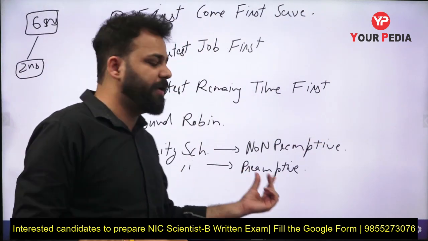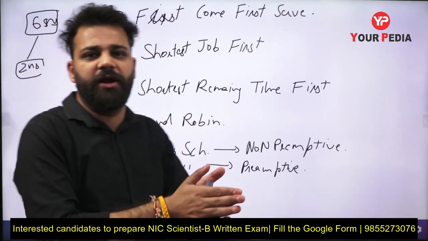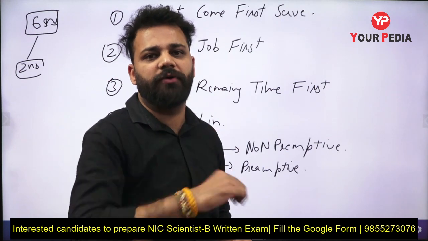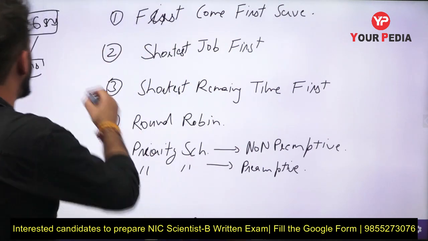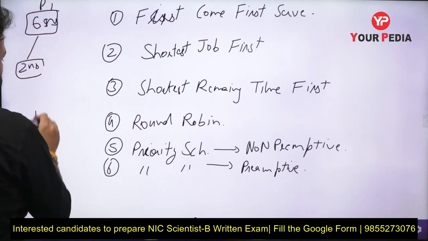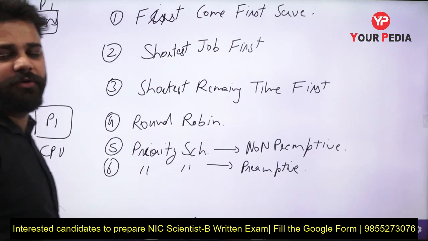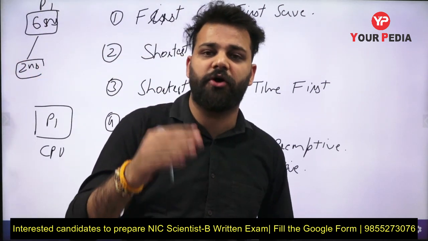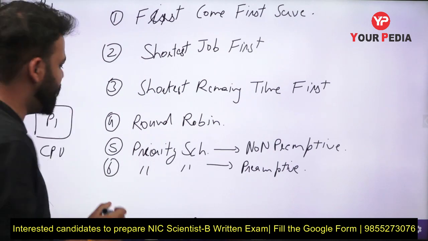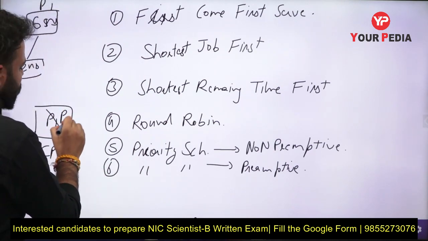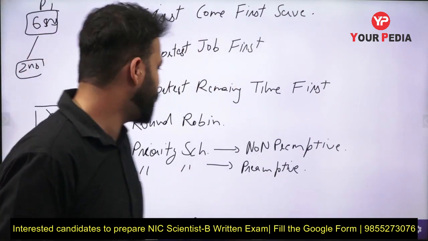If it is preemptive scheduling, P1 will execute for just 2 nanoseconds and will be pushed out of the CPU, and the processor will be given to P2.